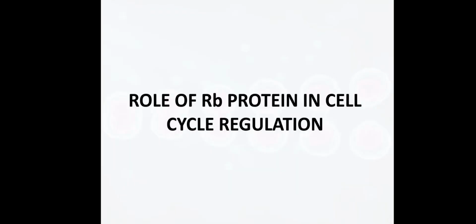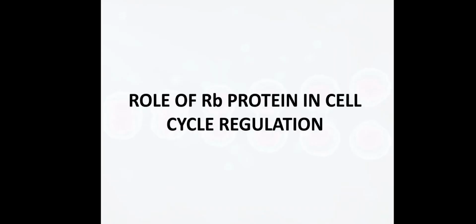So in today's class, we will be learning about the role of Rb protein in cell cycle regulation. We learnt about many regulatory proteins like the cyclin CDK complex, and many regulatory enzymes, ubiquitin ligase enzymes, SCF, all these factors that regulate the cell cycle and cell cycle progression.